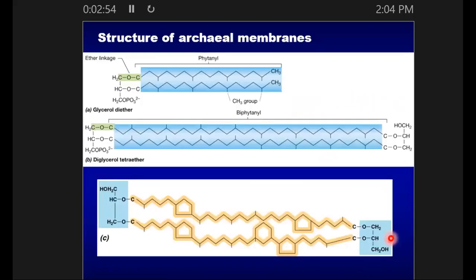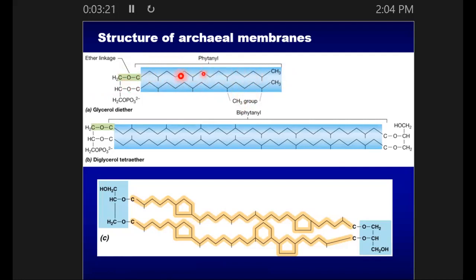Let's look at what that might look like. Here you're seeing the ether link up top. Again, if it's an ether link, that means it's the archaea. And these are the isoprene units hanging off of that. Sometimes I wish the artist had done this a little differently.